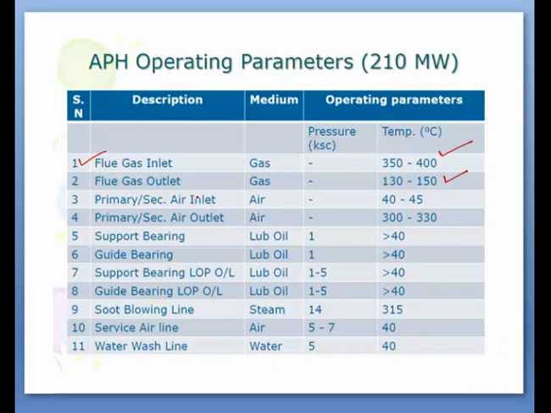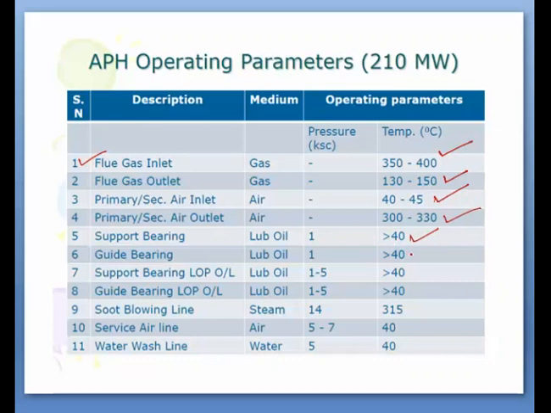Primary or secondary air inlet, the medium is air. The temperature at inlet will be 40 to 45 degrees centigrade. Once that air comes out from the air preheater, its temperature is in the range of 300 to 330 degrees centigrade. Support bearing, the medium is lube oil, and the temperature is more than 40 degrees centigrade.